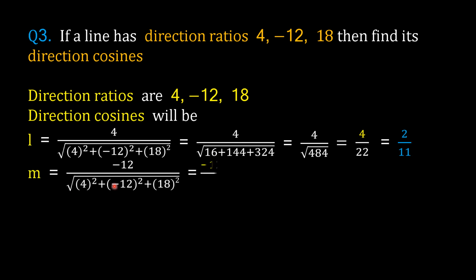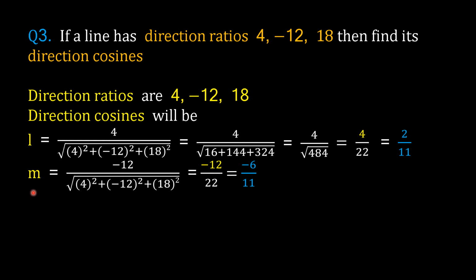m will be minus 12 by square root of 4 squared plus minus 12 squared plus 18 squared. That will be minus 12 by 22, which will be minus 6 by 11.